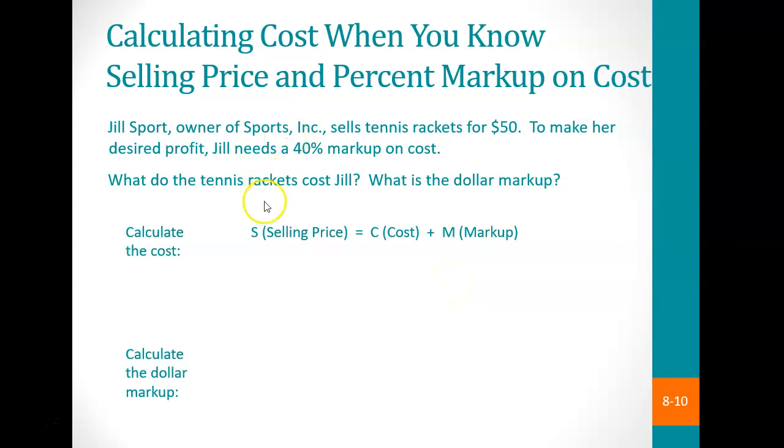In this case, they gave us the selling price as being $50, and the markup is going to be 40% of the cost. So as a formula, $50 equals C, which is cost, plus 40% of C, which is the markup.